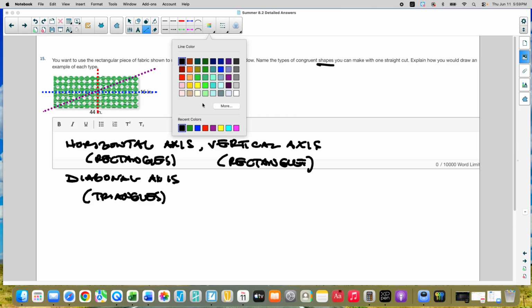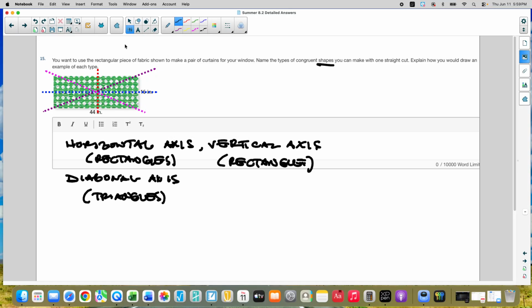Let's do that in a different color, not green because we're in green, and we already used purple. So the other diagonal would also give triangles. So both diagonal axes give triangles. So technically, you have 4 different axes of symmetry.